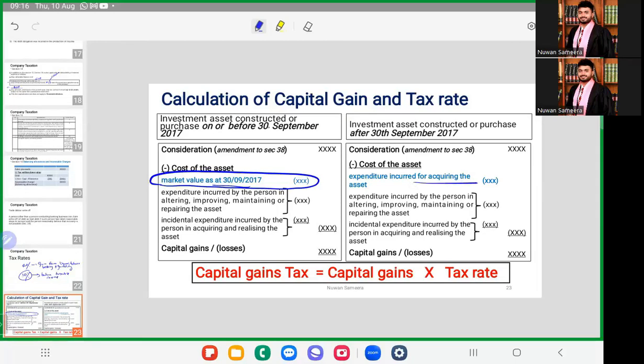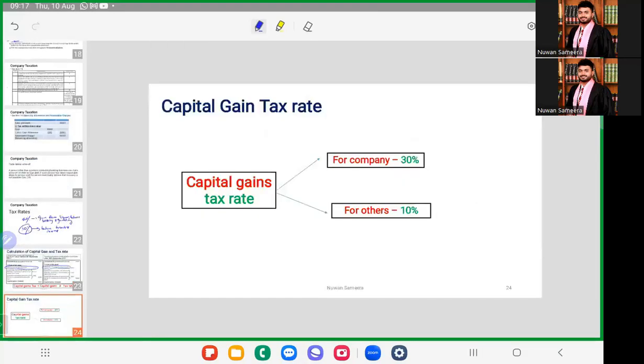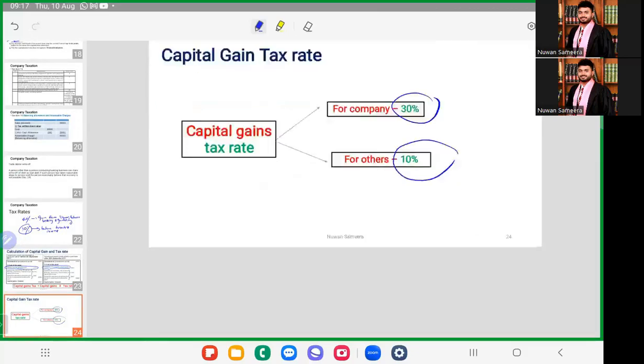If an asset was purchased after 30th September 2017, you can take the acquired cost as part of the cost. And then the capital gain tax should be calculated based on these rates, right? For a company, that is 30%. For all others, including individuals, it is 10%.